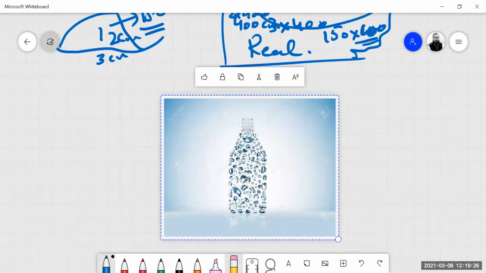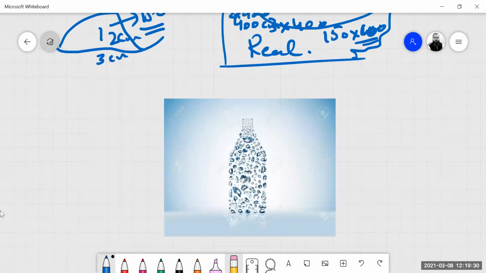What they are saying is that the radius is 4 centimeters. This is the base, and the base is a circle, right?